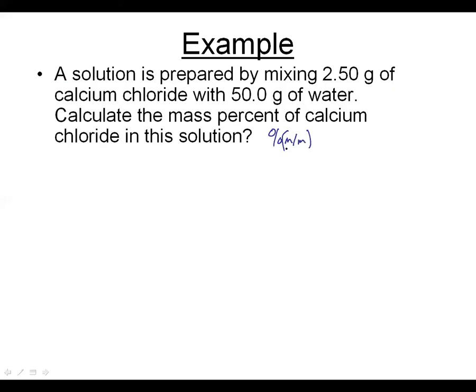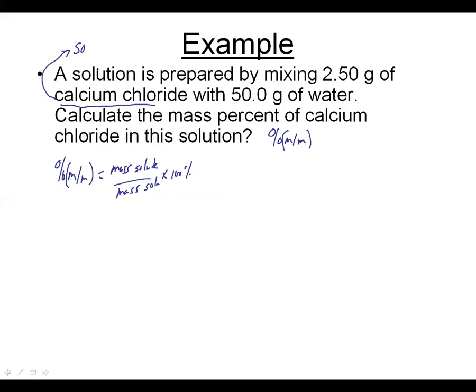All right, so let's take a look and see how we're doing. Again, we're looking for the percent mass to mass, which is the mass of the solute divided by the mass of the solution times 100%. So when we're mixing 2.5 grams of calcium chloride with 50 grams of water, the smaller part is going to be our solute.